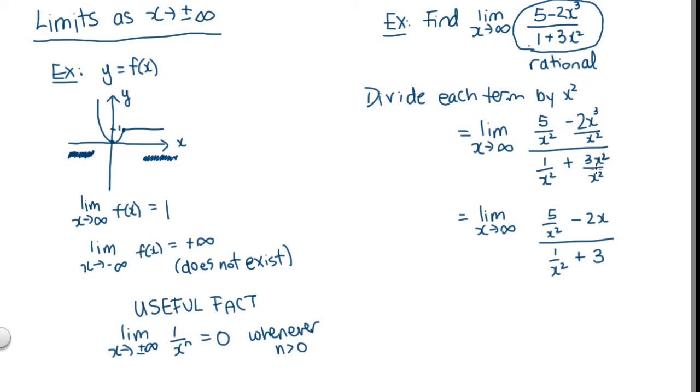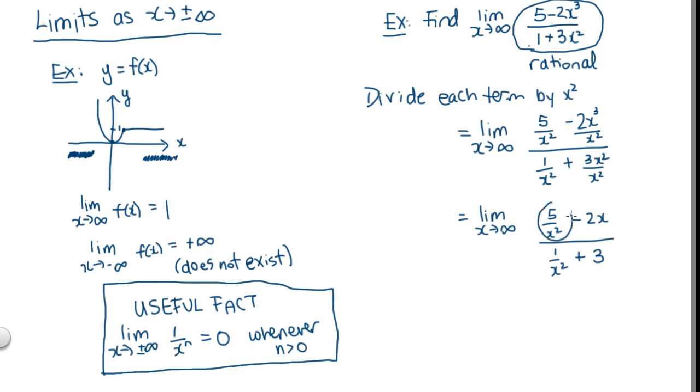So now we can go back to our useful fact. Remember over here, whenever we're dealing with a limit as x goes to infinity, or as x goes to negative infinity, whenever you see 1 over a positive power of x, that term there is going to 0. So even if we have something like 5 over x squared, you can think of this as 5 times 1 over x squared.